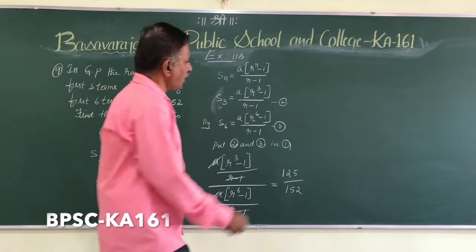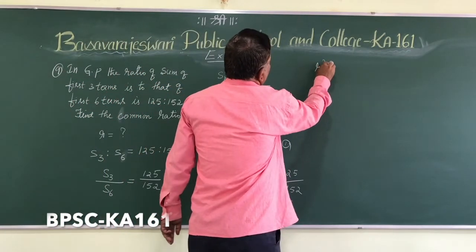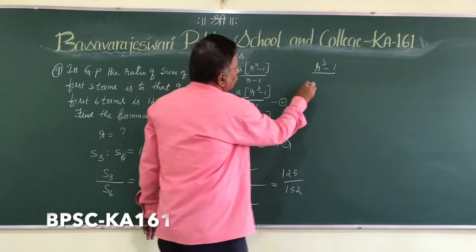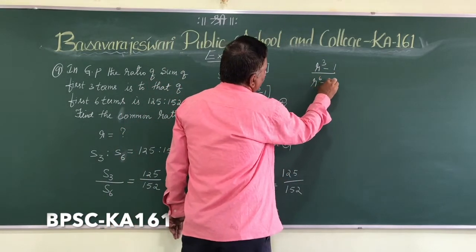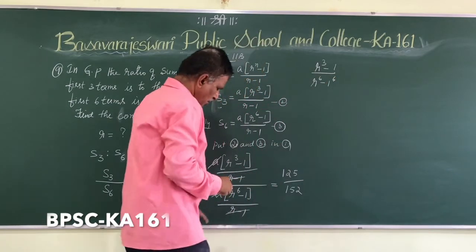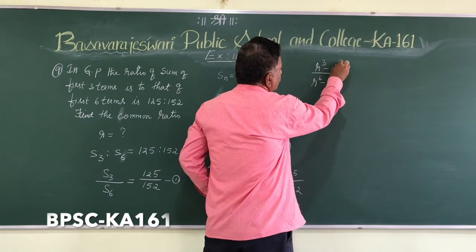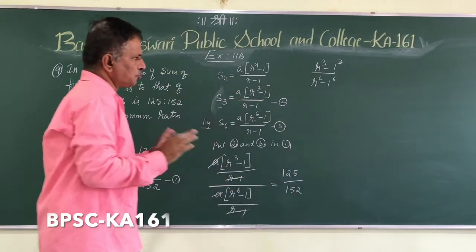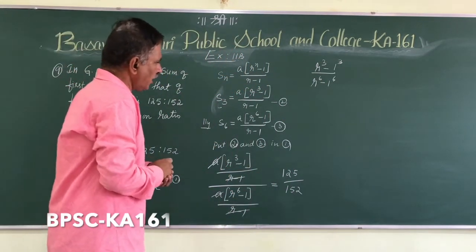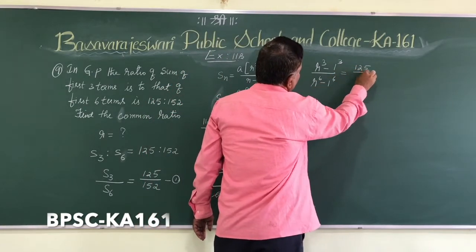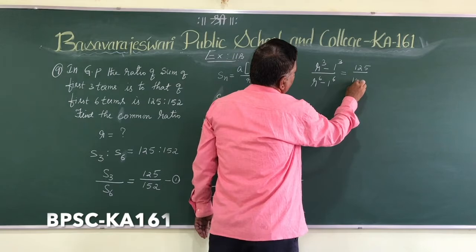So I can write R to the power of 3 minus 1 divided by R to the power of 6 minus 1, where 1 can be written as 1 to the power of 6, and here 1 can be written as 1 to the power of 3 for convenience, equal to 125 divided by 152.